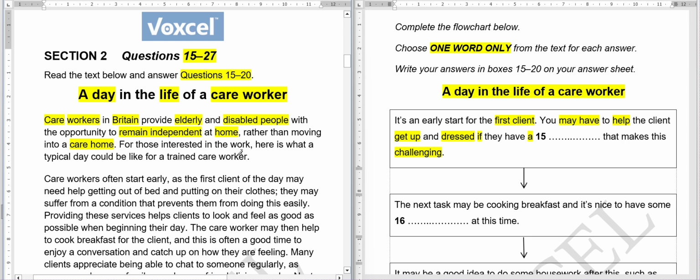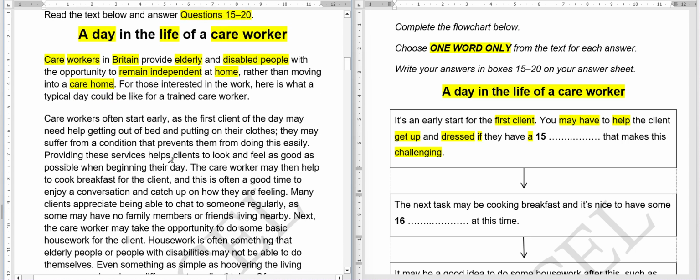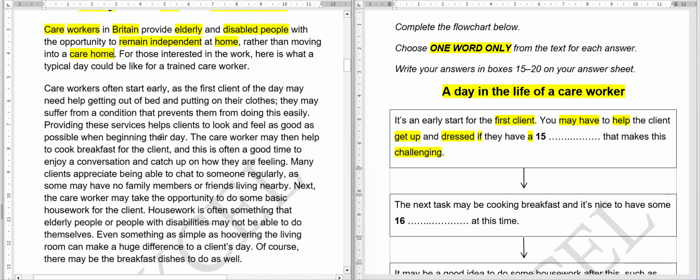For those interested in the work, here is what a typical day could be like for a trained care worker. So now we're gonna look at the typical day. Care workers often start early as the first client of the day may need help getting out of bed and putting on their clothes. So these are our keywords: get up, get out of bed, and dressed, putting on their clothes.